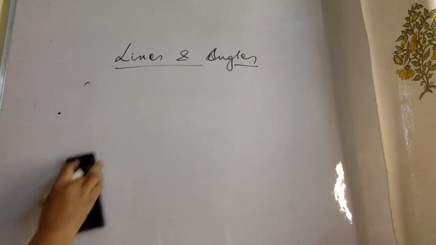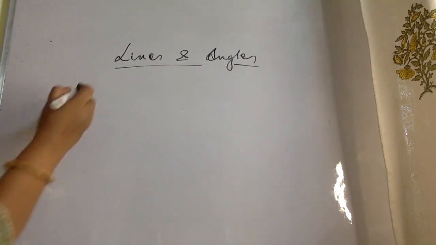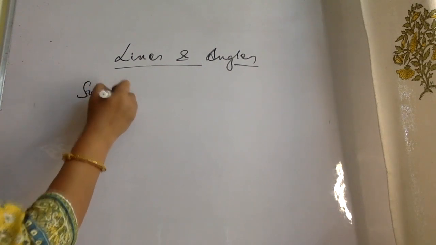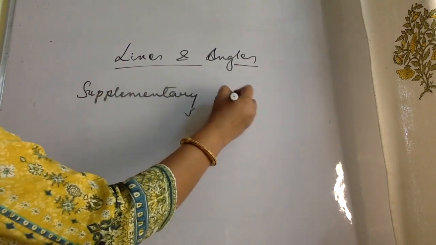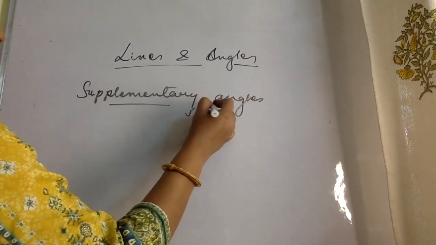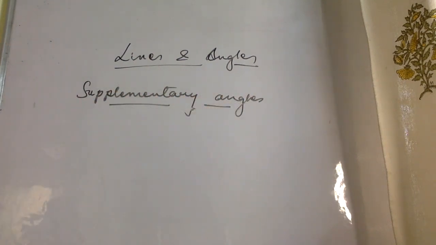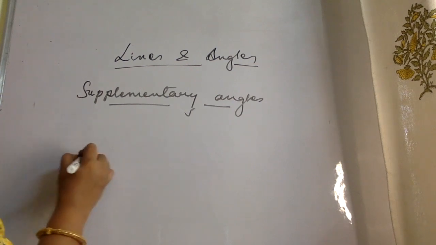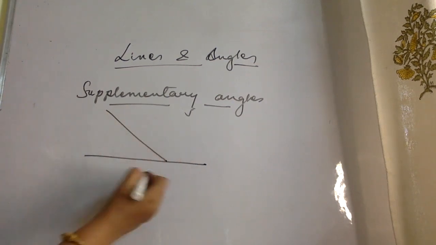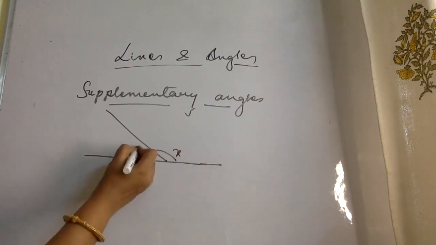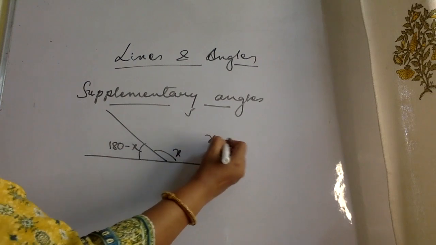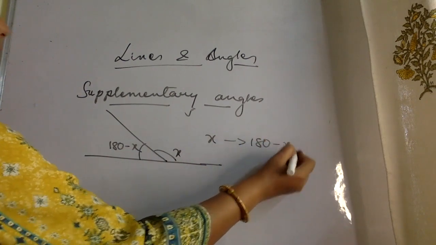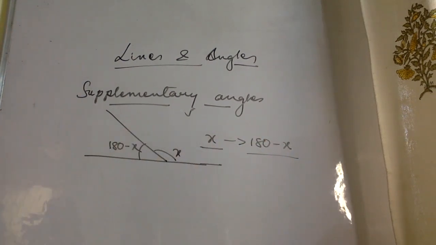Now let me take up supplementary angles. You must have heard of that too. What are supplementary angles? Just like complementary angles, supposing this is 180 degrees, and this angle is x, then the other is 180 minus x. Now x and 180 minus x are supplementary of each other.